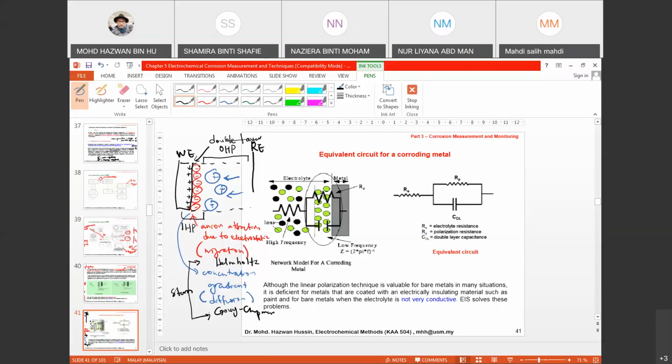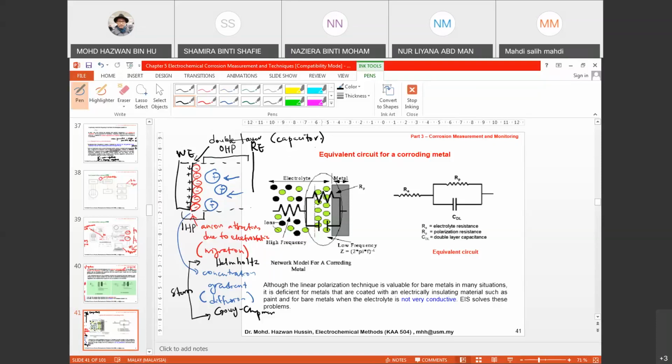So when you have a double layer, this coincidentally will create a capacitor. We assume that it will form like some capacitor on the surface, and the process of charge transfer can be assumed to form a resistor.